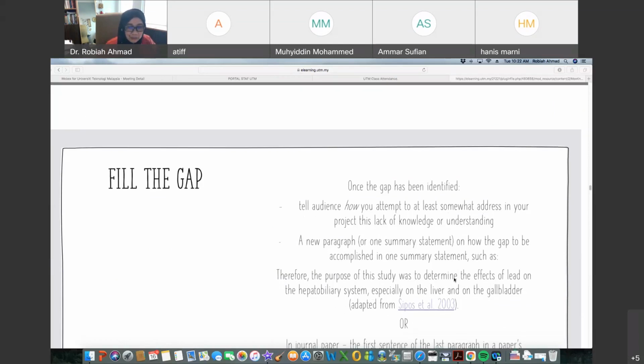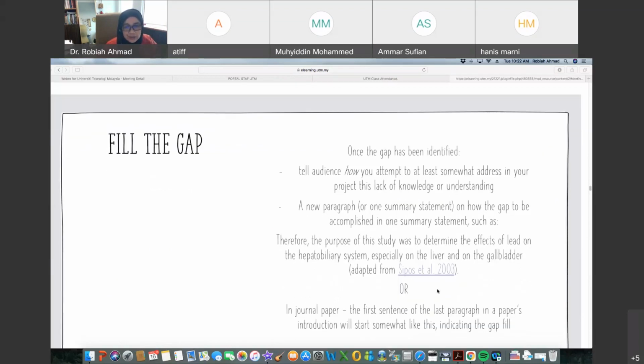It doesn't say yet what the method or the theory is, but the purpose of the study is stated, so this is why you come in. In a journal paper, it is the first sentence of the last paragraph in the introduction.